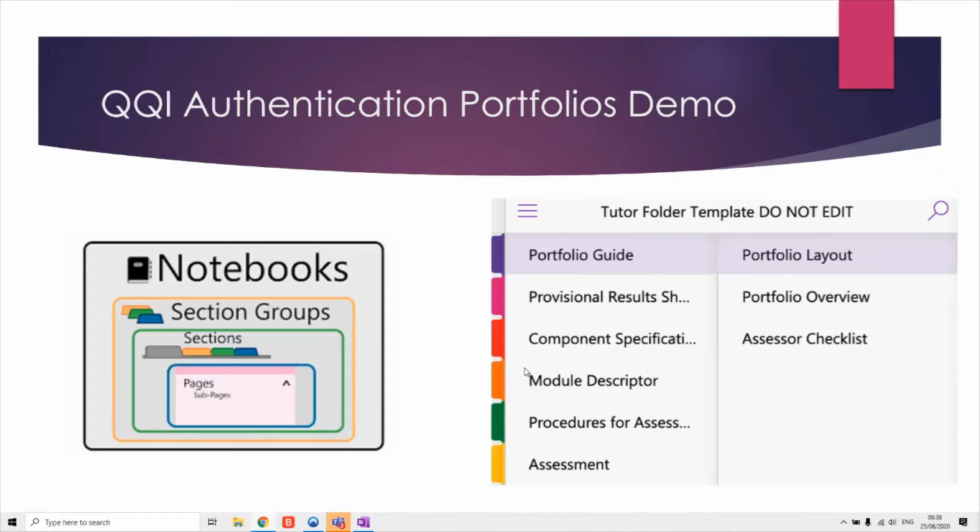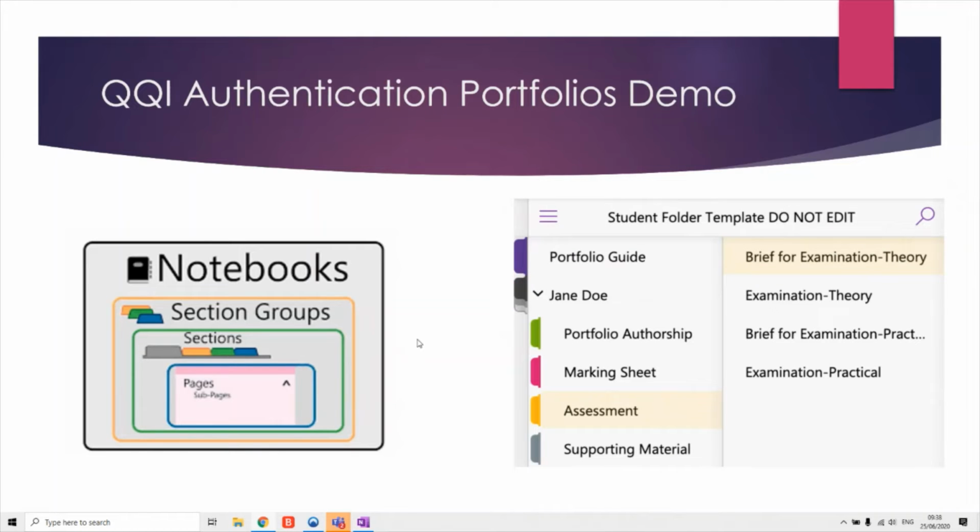For my tutor template folder, which I'll show you properly in a moment, I have six of these sections marked with dividers, and within those six sections it's broken down further into pages. One difference in my student folders is an additional layer of organisation: section groups.